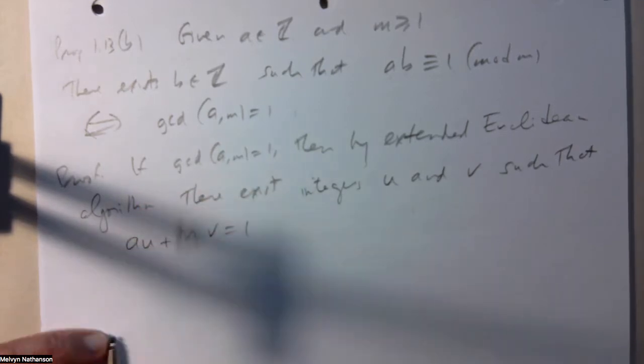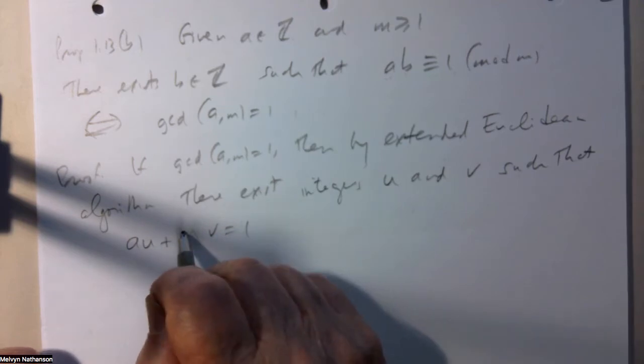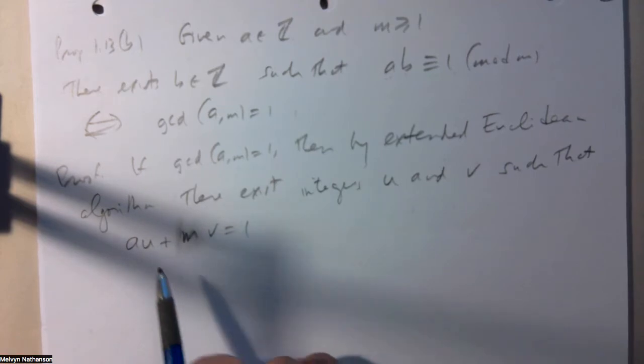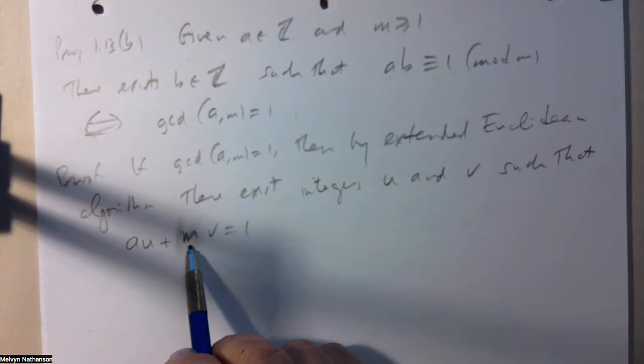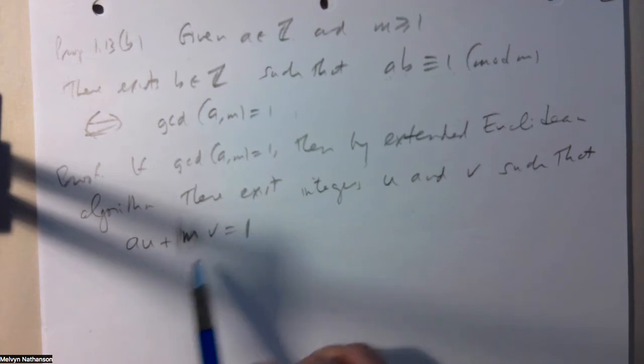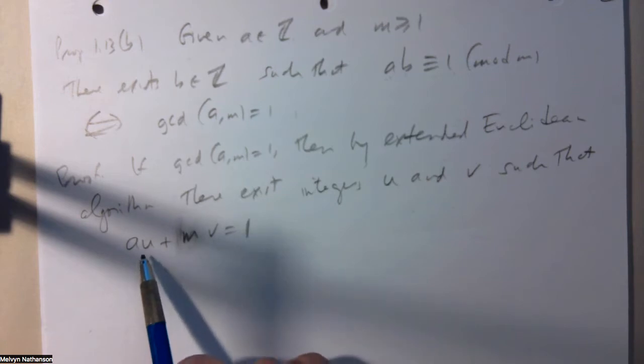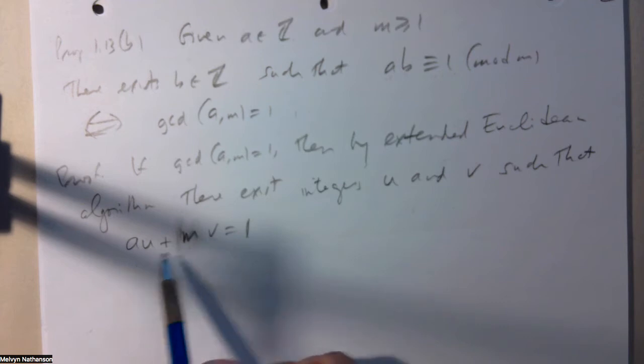You can always write the greatest common divisor of two numbers as an integral linear combination of them. So for A and M with greatest common divisor 1, there exist integers U and V with AU plus MV equal to 1.